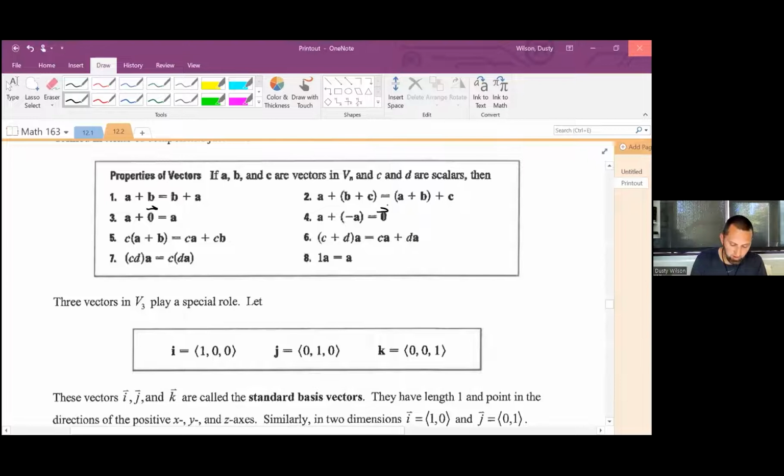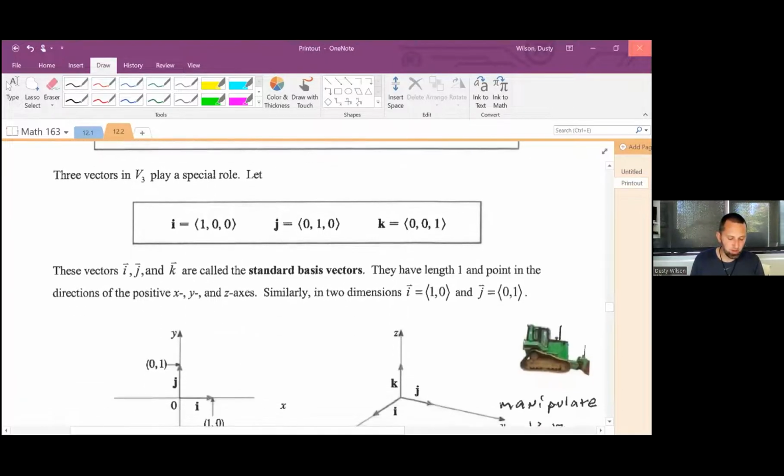Again, these are vectors, so a, b, c, and 0 are all vectors. c plus d, that quantity times a, is ca plus da, and 1a is equal to a. Basically, vectors work the way you would expect them to work with addition, subtraction, and scalar multiplication. No surprises. We'll get some surprises in the coming sections.